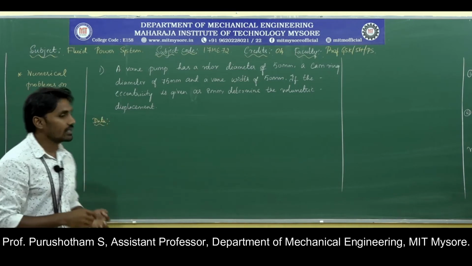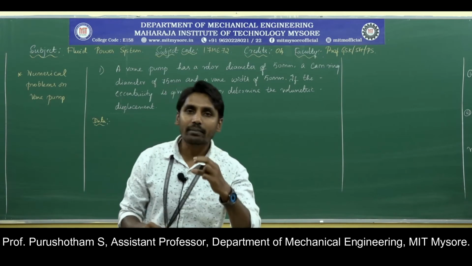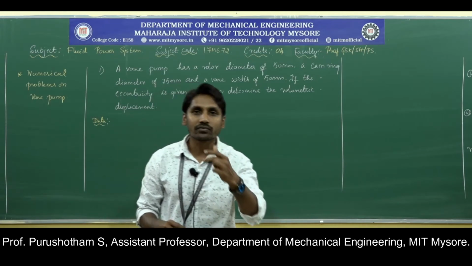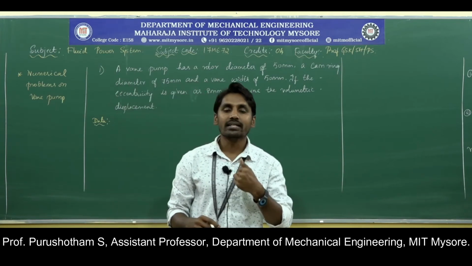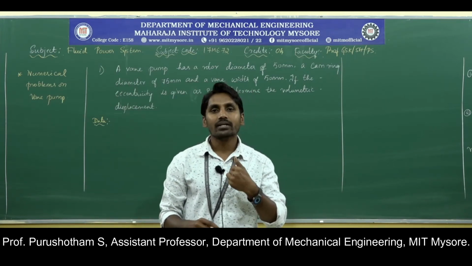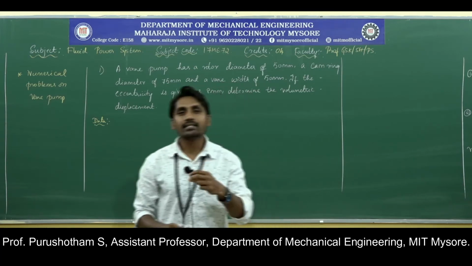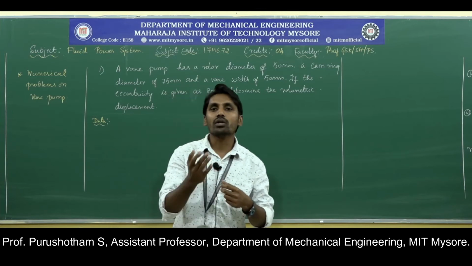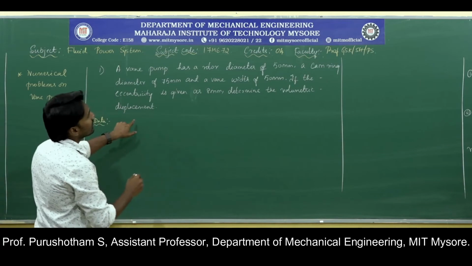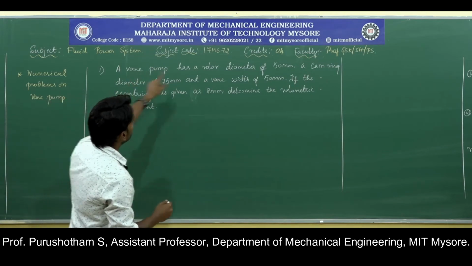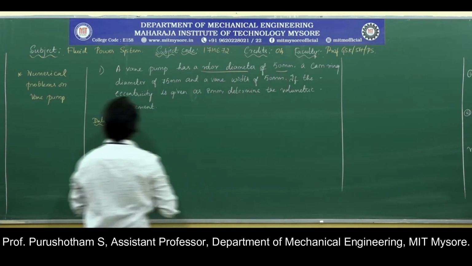In this vane pump, they have given the diameter of the cam ring, the diameter of the rotor, as well as the eccentricity. We need to calculate the volumetric displacement. The rotor diameter is given, which is 50 mm.